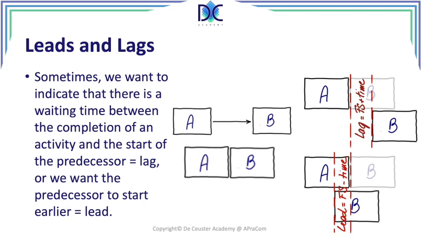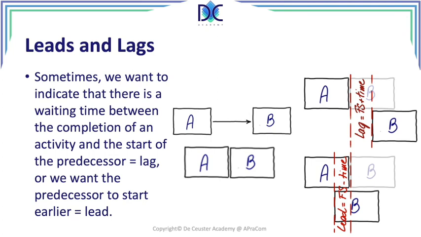B normally starts after A, but we give it a lead, so it will start earlier. And we find the lead is the finish to start minus the time. And for the lag, we have the finish to start plus the time. So these are the 2 different elements that we can include.